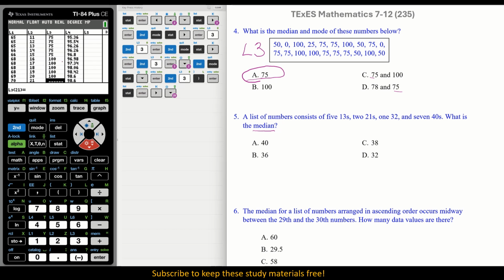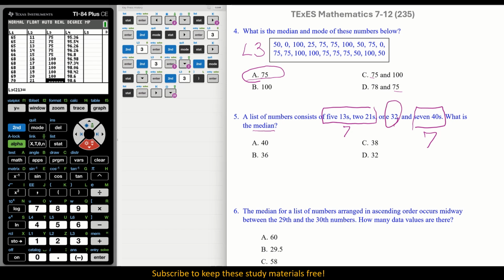As you can see over here, how many numbers do I have? 7. There are 7 actual data values on one side. Now, over here on this side, how many do you have? You have 7. In the middle, we have 32.